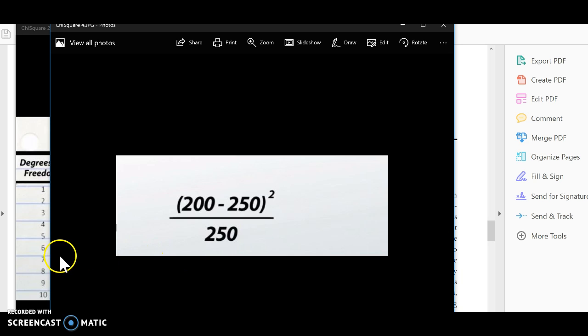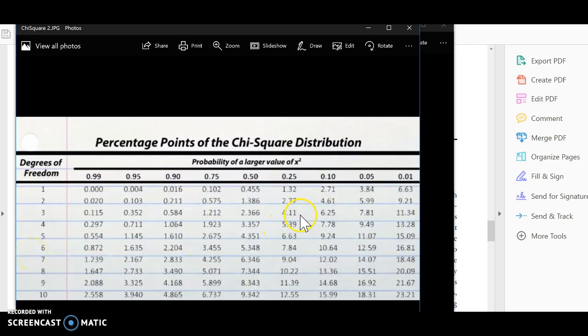Now, using our degrees of freedom or our chi-square distribution, we know that there are only two categories for this study. Students either got into the program or students did not get into the program. We also know that for degrees of freedom, our formula is n minus 1, number of categories minus 1. So in this case, our degrees of freedom is 1.